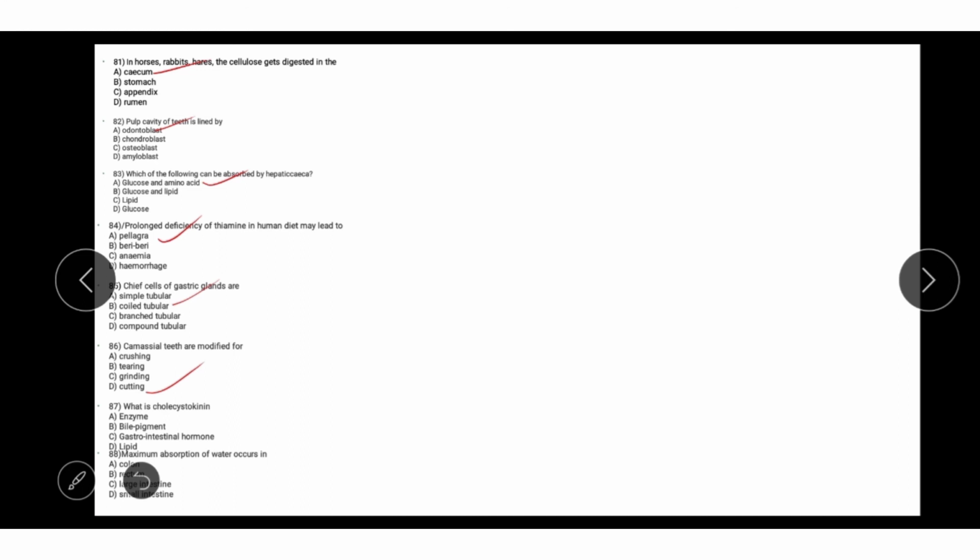What is cholecystokinin? It is a gastrointestinal hormone. Maximum absorption of water occurs in colon.